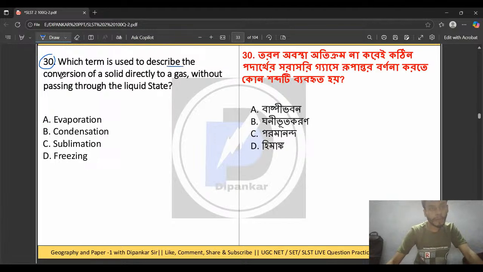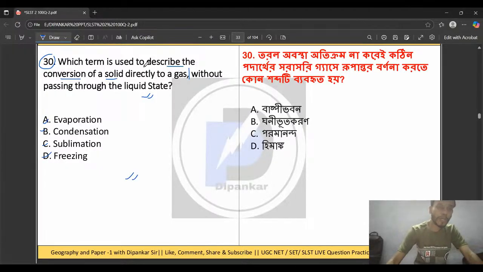Next question, number 30. Which term is used to describe the conversion of solid directly to gas without passing through a liquid state? Options: A, evaporation, B, condensation, C, sublimation, D, freezing.